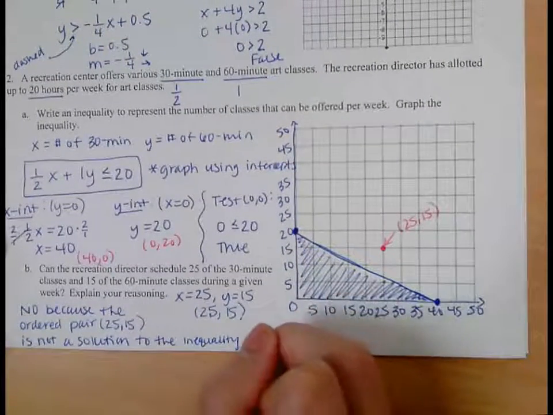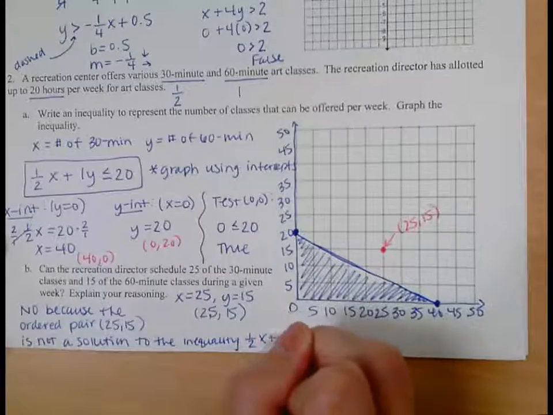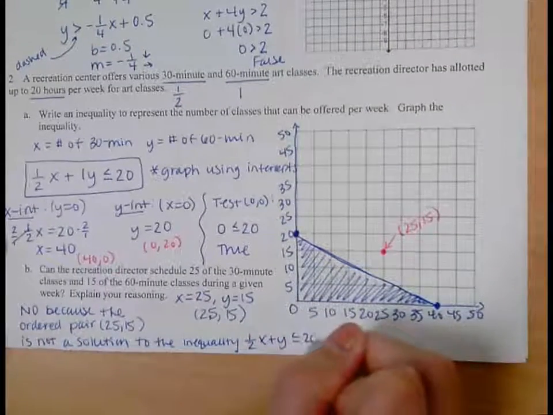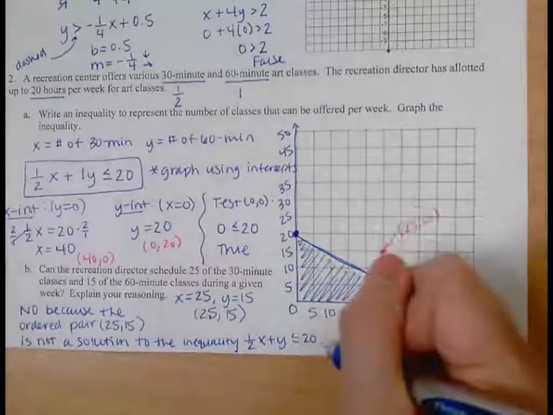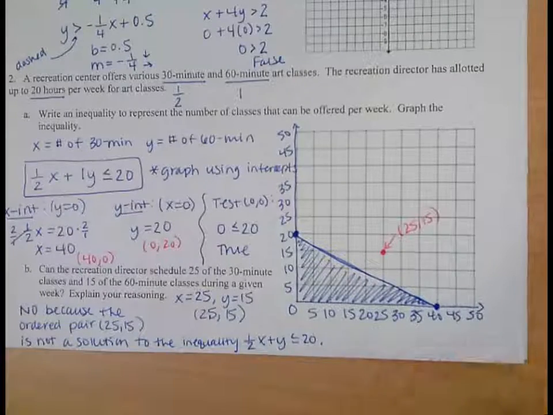And I'll just put the inequality here. 1/2 x plus y is less than or equal to 20. I could have also explained 25, 15 lies outside of the shaded region, therefore it's not a solution.